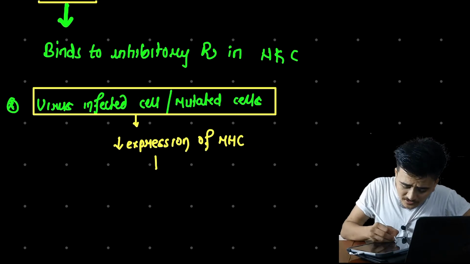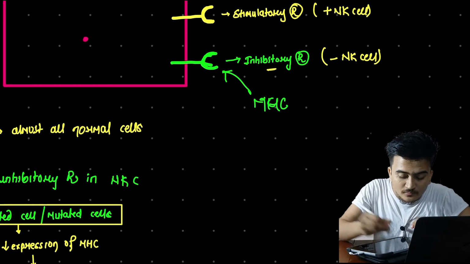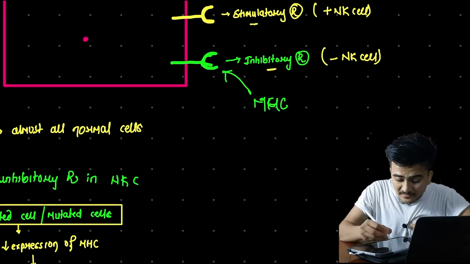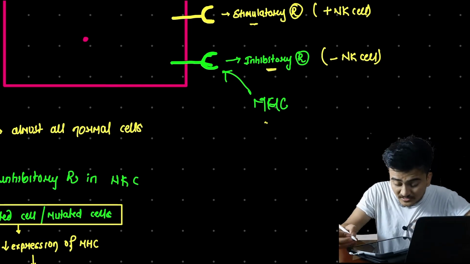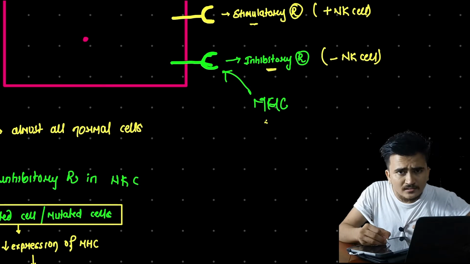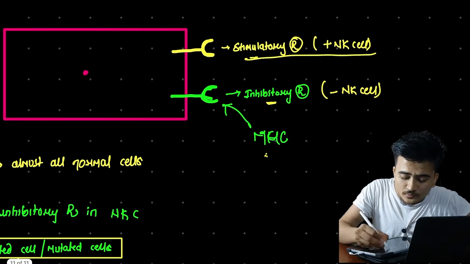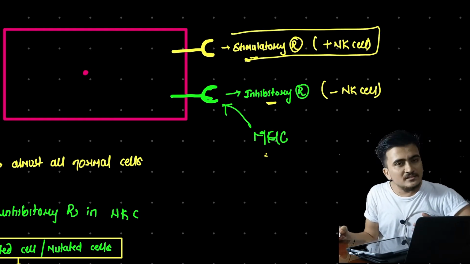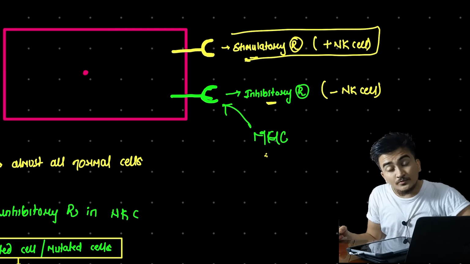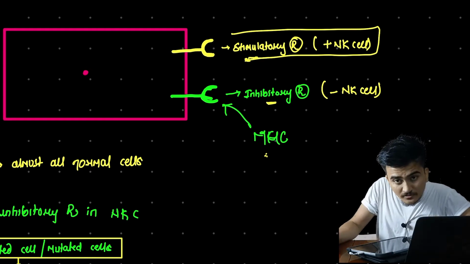If there is less expression of MHC, then which will be activated, the inhibitory receptor or the stimulatory receptor? MHC was going and binding with inhibitory receptors, but here MHC is less in number, so obviously there will be activation of the stimulatory receptor, which will cause activation of the NK cell.